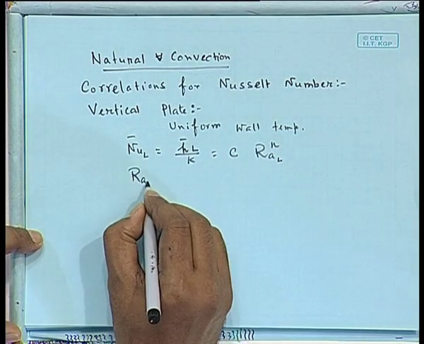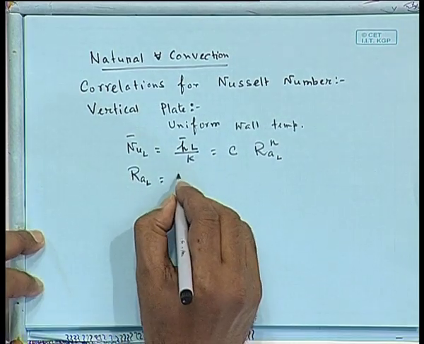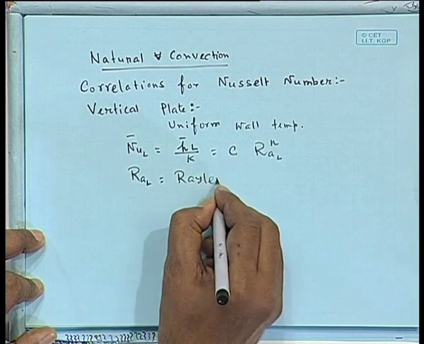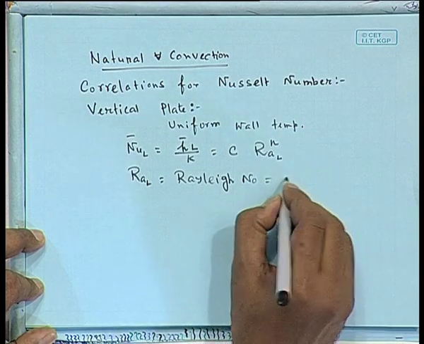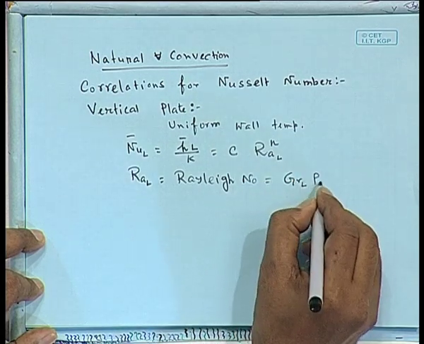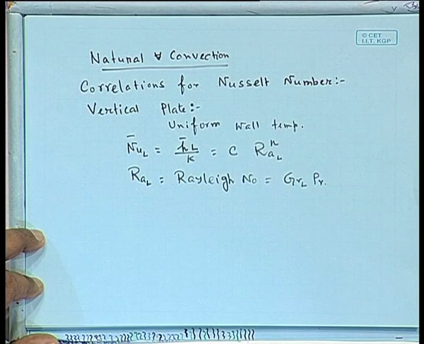Ra is basically the Rayleigh number. Now, this is related to the Grashof number. It is defined as Grashof times Prandtl number.